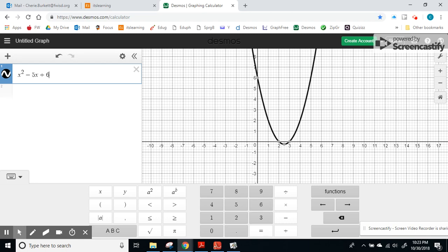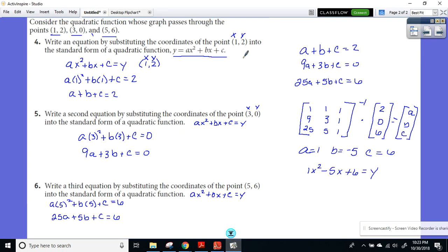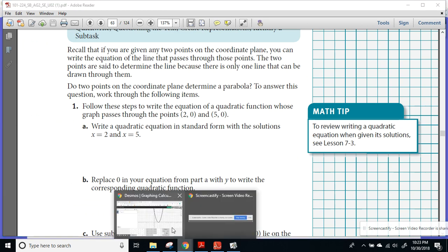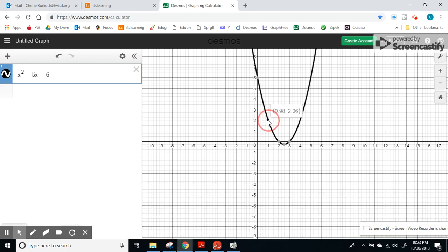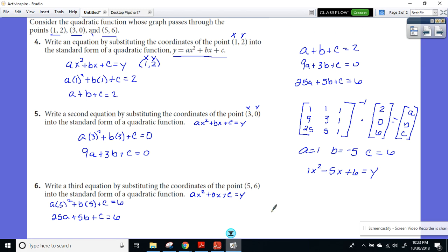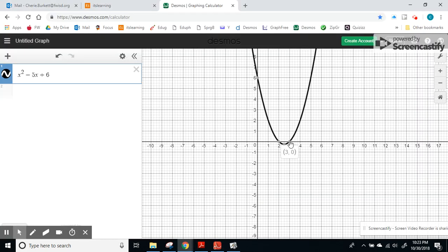And the points that it supposedly passed through was 1, 2. So if we go over here and look at the point 1, 2, there it is right there. Look for the point 3, 0. 3, 0 is right there.